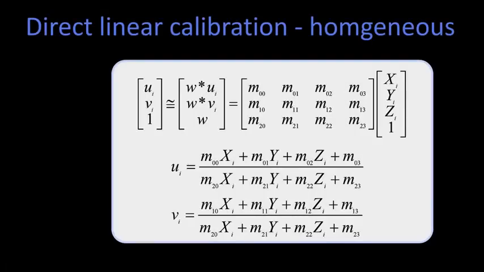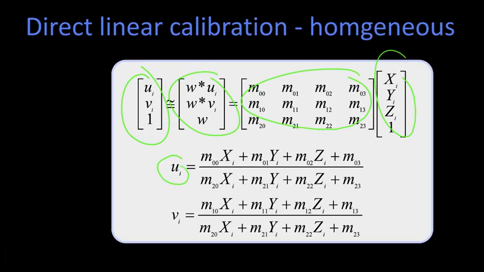All right, so first some notation. As before, we've got our world times our M as our projective equation. Notice we've got two versions here. And again, what we're saying is that u, v, 1 is projectively similar to wu, wv, and w. In fact, in order to get back u, v, 1, I could take wu divided by w, and that's actually what's written on the bottom.